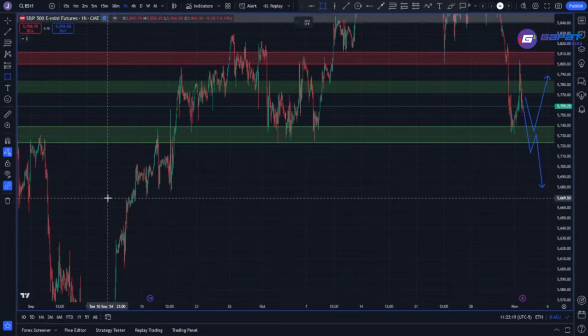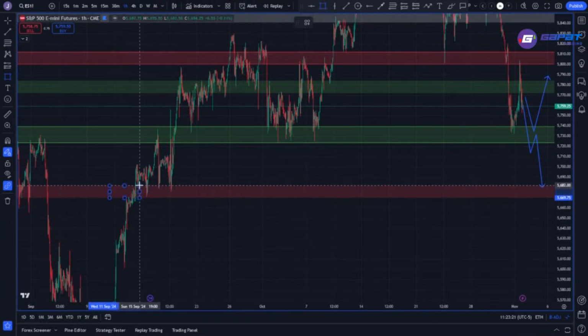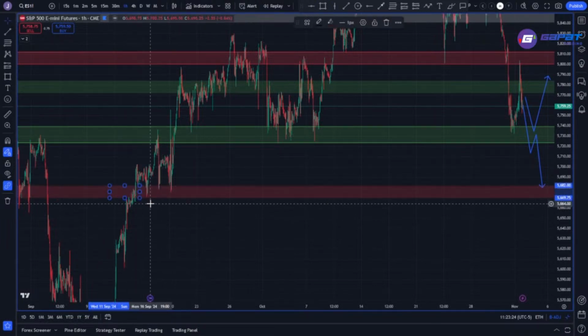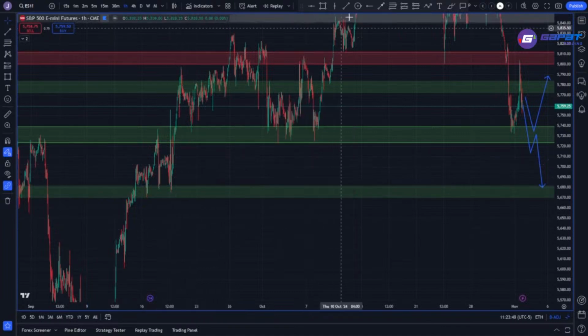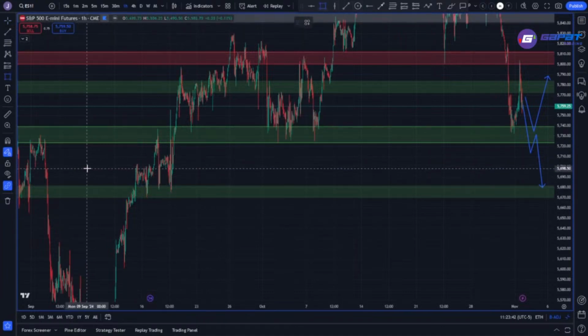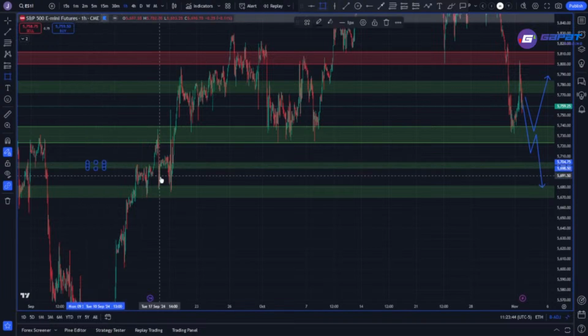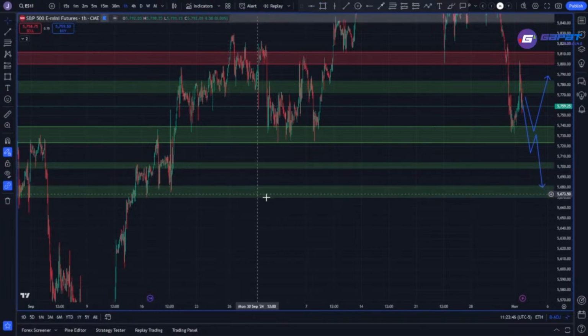For me, oftentimes the most important level in these balance areas is the area that has the most confluence, which, if we're looking at support levels, will oftentimes be the balance area low, because that's where the directional conviction is. This is the start of this up move. So that's going to be a level. Then we're also going to have a level here. But this would be the major area.